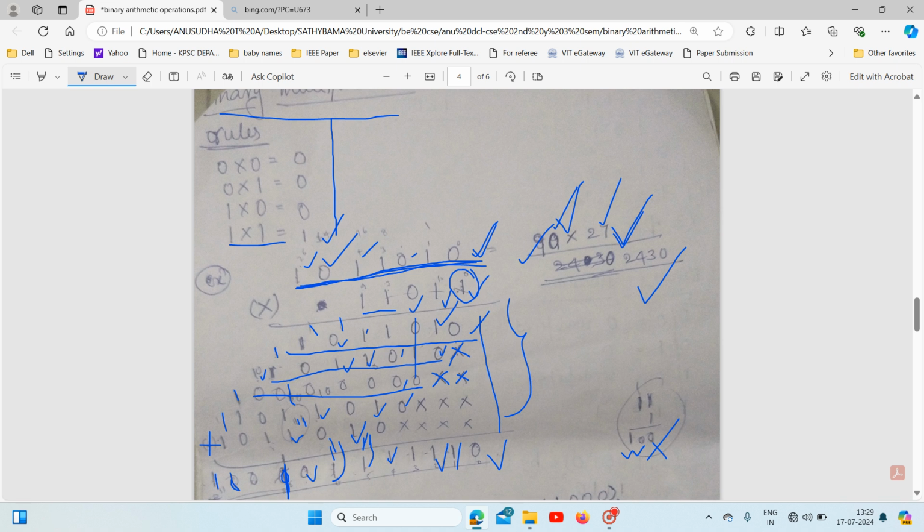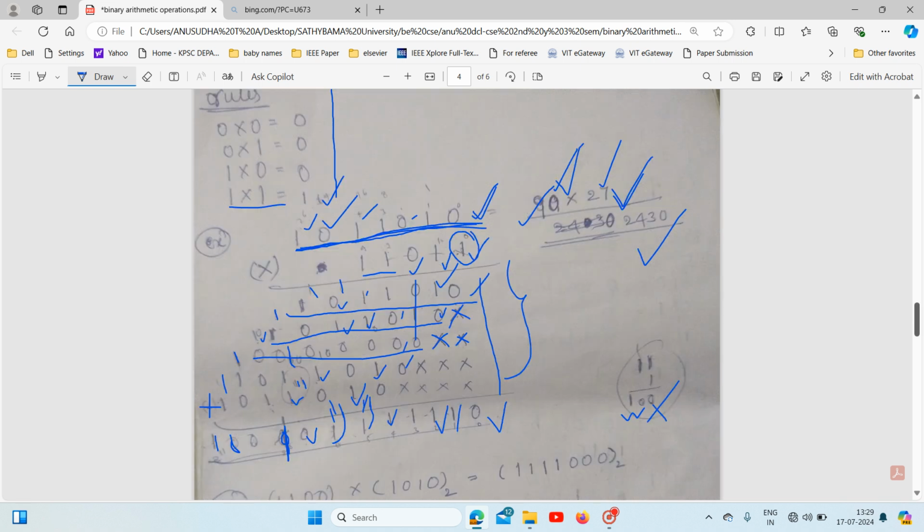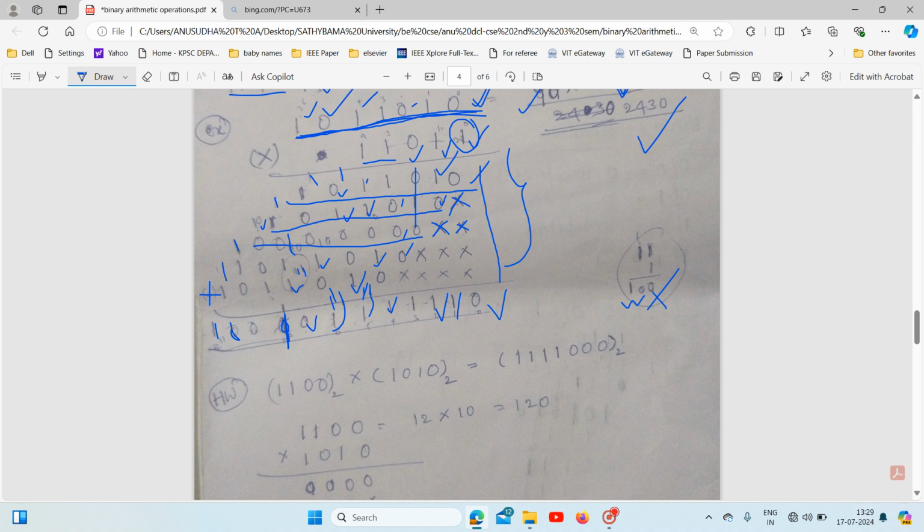In order to find out the decimal value of this entire binary length, you know the procedure. You have to write 0, 1, 2, 3, 4, 5, 6, 7, 8, 9, like that. You have to write the power values. Then you have to multiply. Wherever you have 1, you multiply it with the particular positional weight.